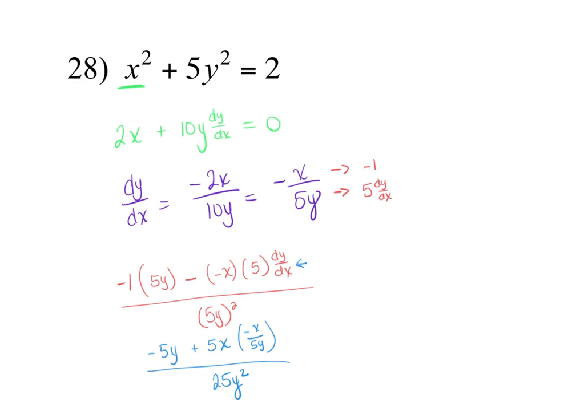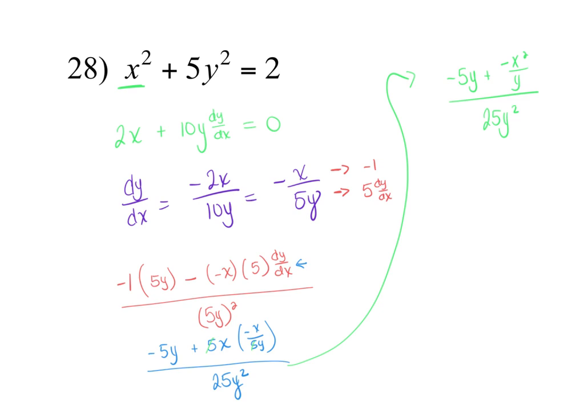Simplify your numerator first, probably is the best thing to do. So I'm going to bring this all the way up here to continue. So I have negative 5y plus, my 5's actually cancel here. All right, I have a negative x squared over y, all over 25y squared.